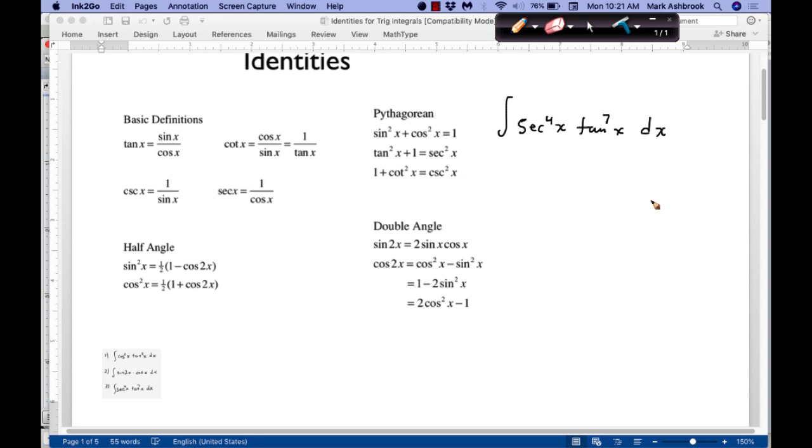Okay, so when you think about the relationship of secant and tangent, we think about the derivatives, right? So what's the derivative of tangent? Secant squared, right? How can we use that fact to think about staging this for undoing the chain rule? If the derivative of tangent is secant squared, then what could we do here to set this up for undoing the chain rule? Anybody have an idea?